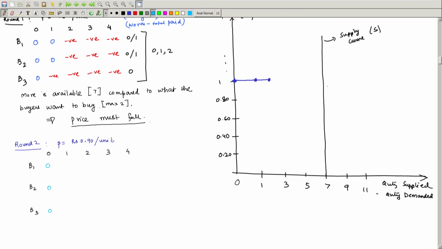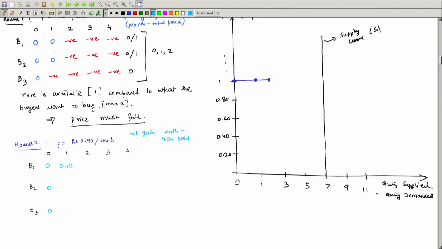So, if he buys 1, his net gain, which is the worth minus the total paid, is actually 0.1. That is nice because that is a number strictly bigger than 0.